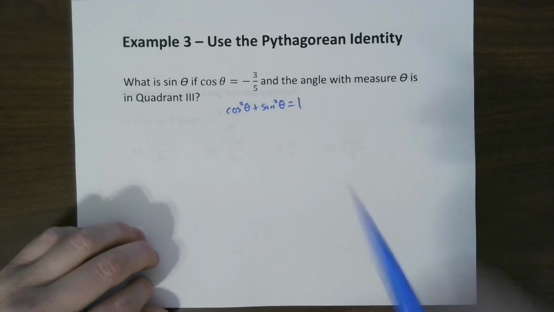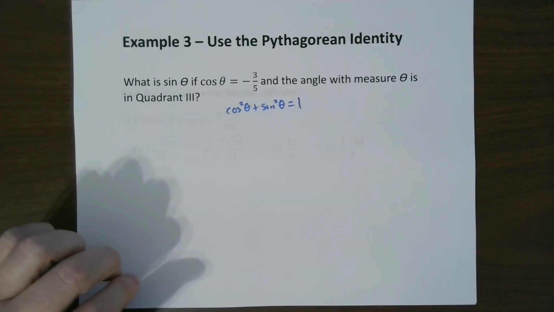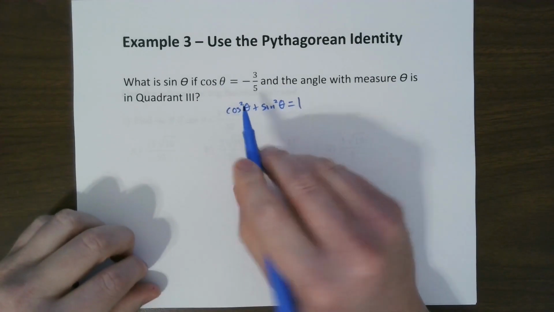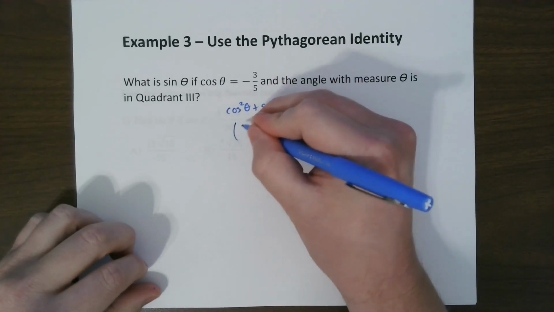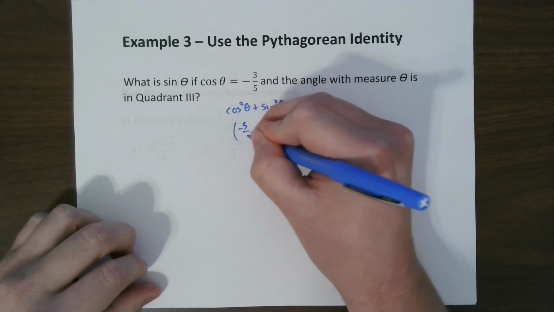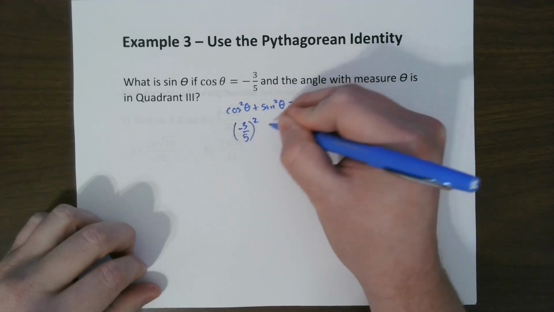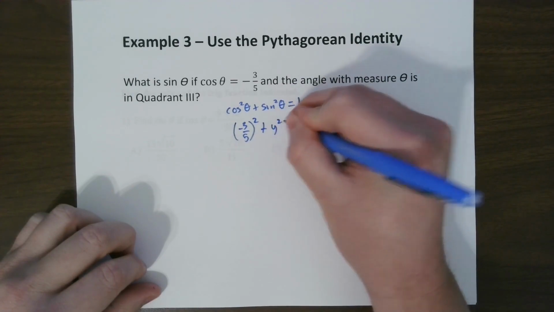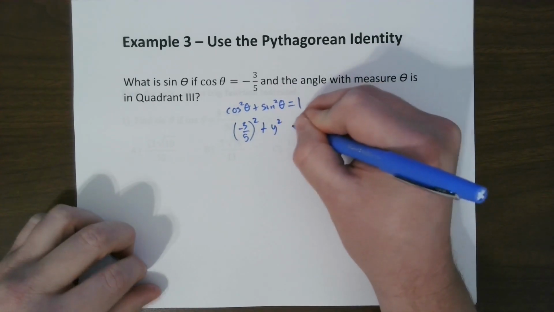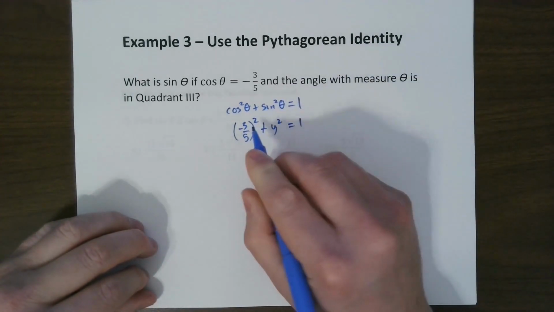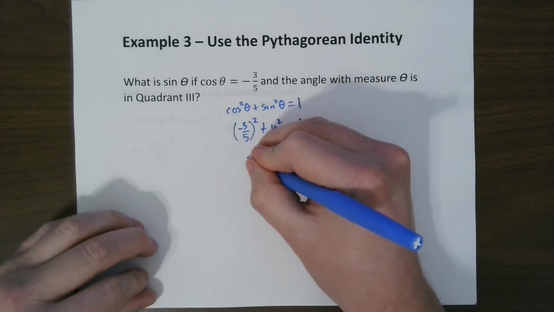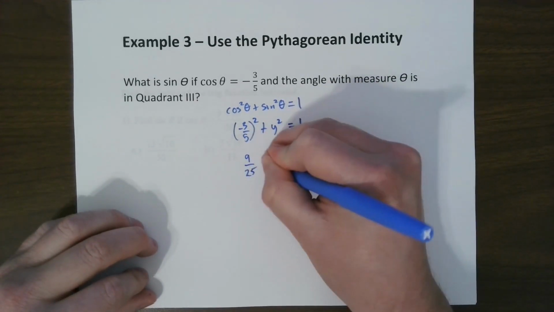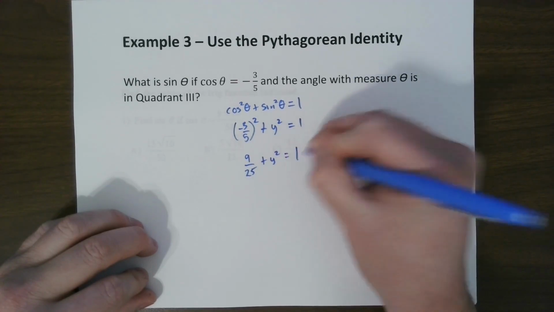So right here, we're going to find sine if cosine is given like that. So instead of cosine, we go negative 3/5 squared plus, I'm going to go ahead and call sine y squared, just to make it easier on me. If we square this, we get 9 over 25 plus y squared equals 1.